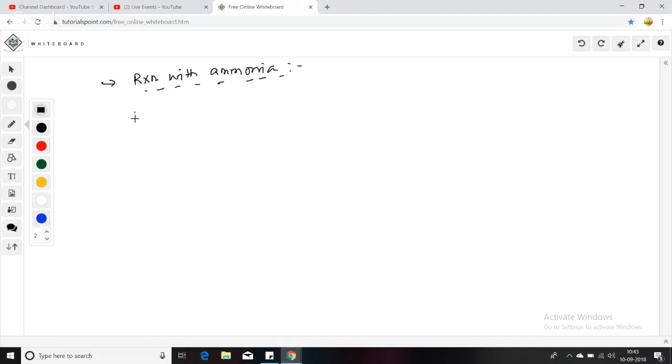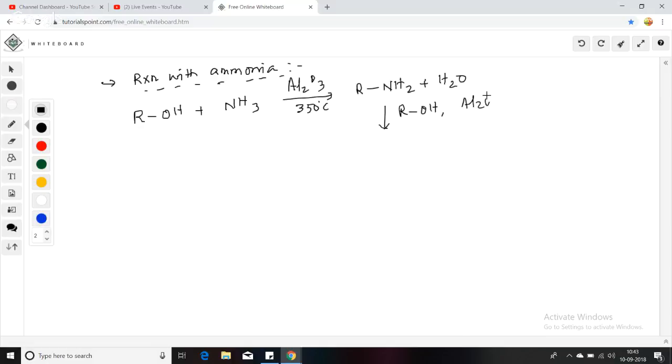Okay, so if you have ROH plus NH3, and in this we heat this reaction in presence of Al2O3 around 350 360 degrees Celsius. Okay, alumina Al2O3 we are using, and we know the nitrogen hydrogen bonds in NH3 are polar. This H and this OH forms H2O, comes out, and it forms RNH2 plus H2O.